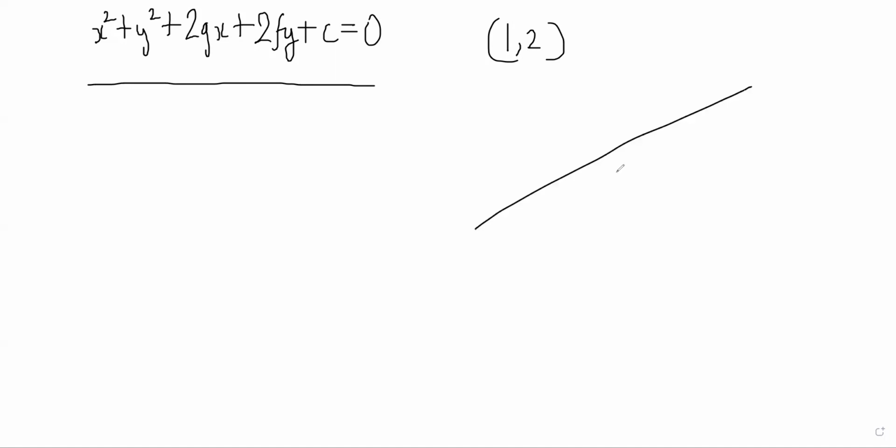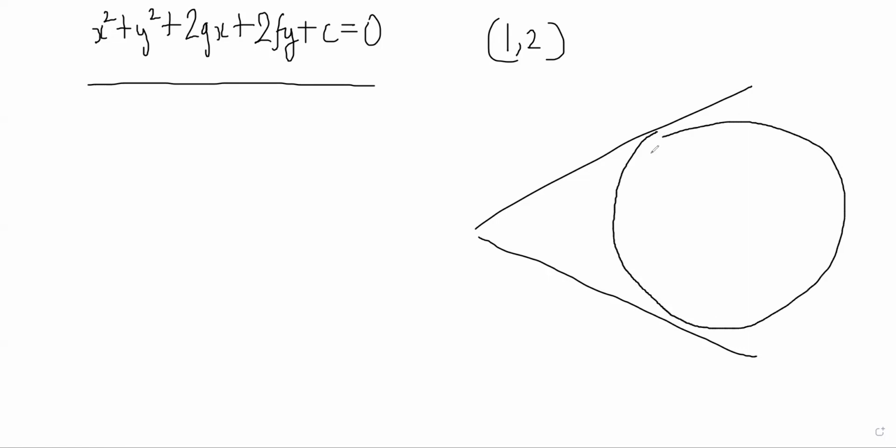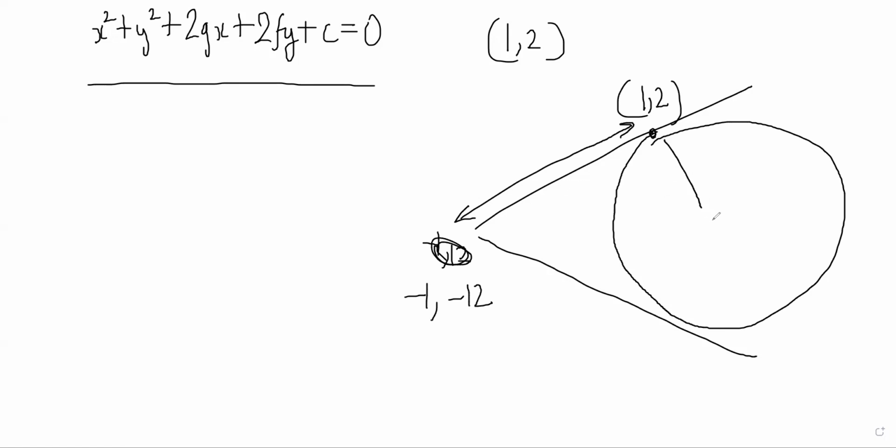Okay, I got how to solve it, but without the family concept. If 1 comma 2 is this point, the question is over. We know root s1 and we can find the radius easily.